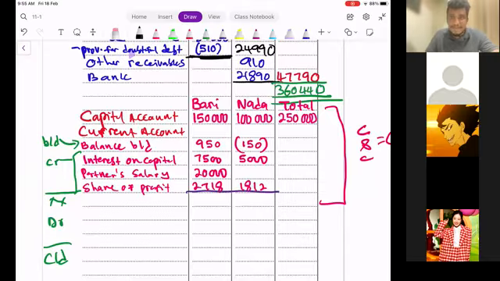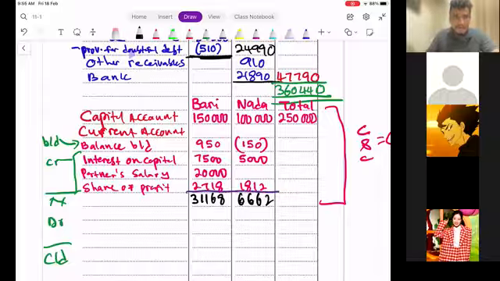Okay, you total up only the balance b/d. Balance b/d is how much? 950 plus 7,500 plus 20,000 plus 2,718. I get 31,168. And this one negative 950 plus 5,000 plus 1,812, 6,662.